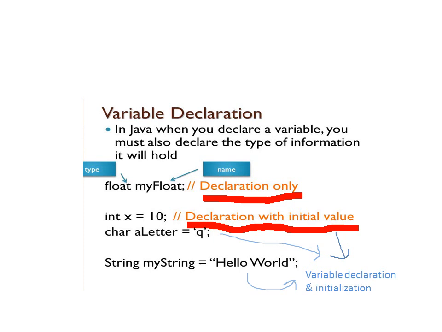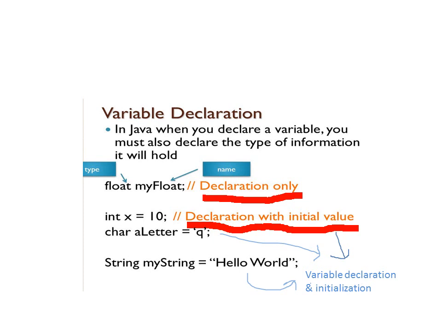So this statement is known as variable declaration and initialization. Similarly, the next example is letter. letter is a variable of character type and it is holding the initial value Q. This is the next example of variable declaration and initialization.